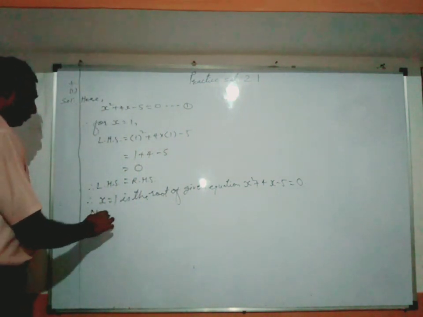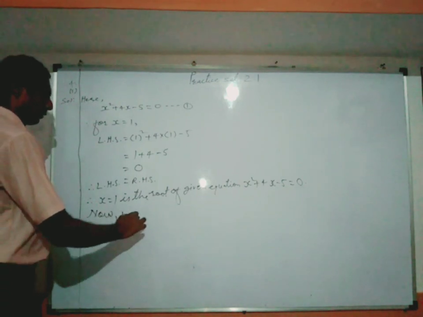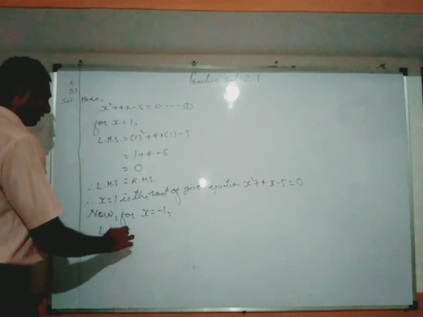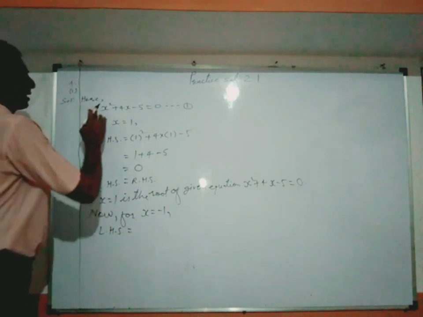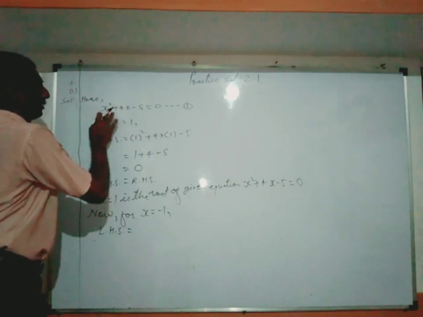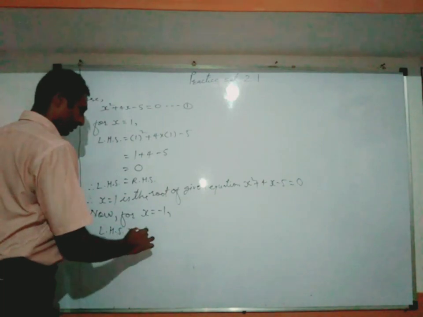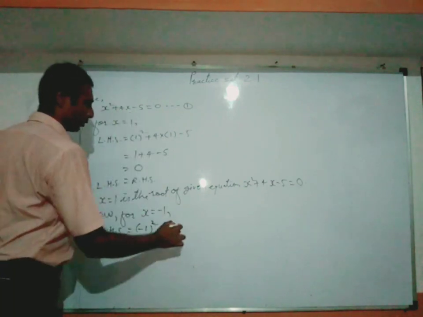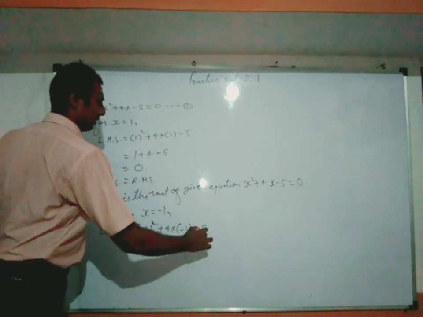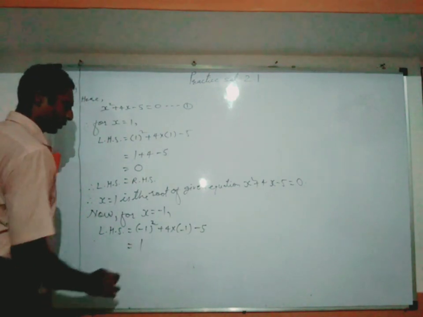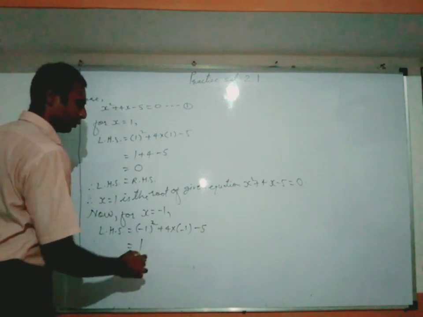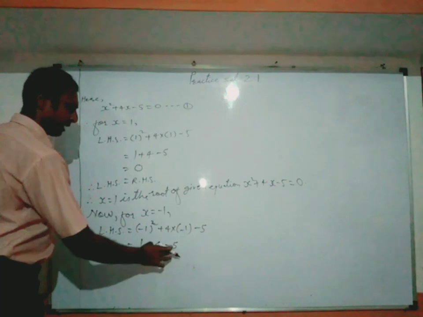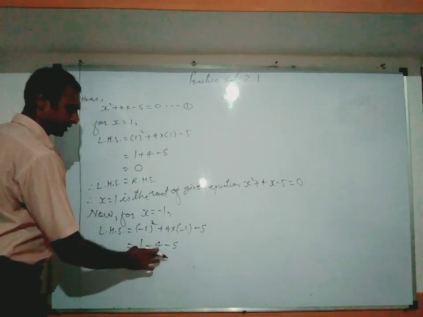Now, for x equals minus 1, LHS equals, let's put x as minus 1, and this equation will become minus 1 squared plus 4 into minus 1 minus 5. The square of minus 1 is 1, and plus 4 into minus 1 gives us minus 4, and that minus 5 as it is. Now minus 5 plus minus 4 gives us minus 9.